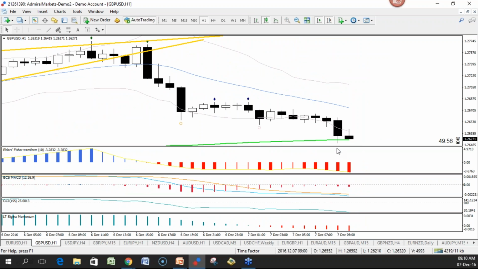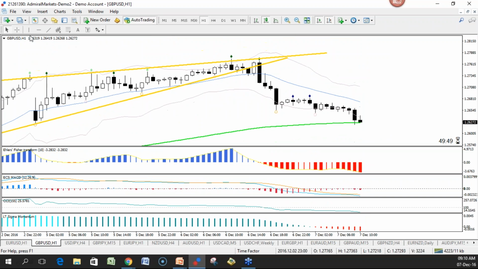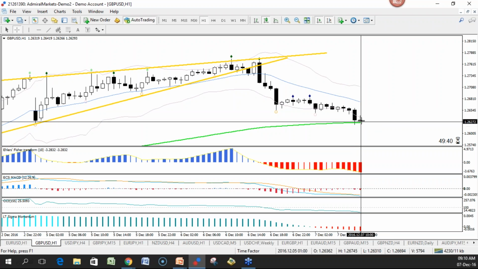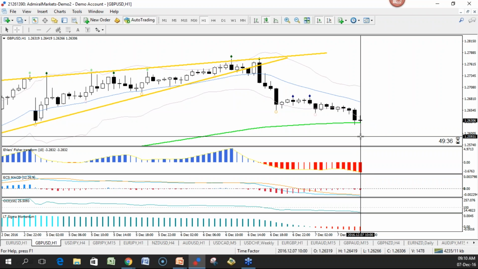Let's see. This is the last hour's candle. If this hour's candle is very strong, very big, and I'm talking about a candle that has to be at least bigger than this candle, which is 38 pips, so it'd have to go at least 50 pips, all the way down to below 126, I think.